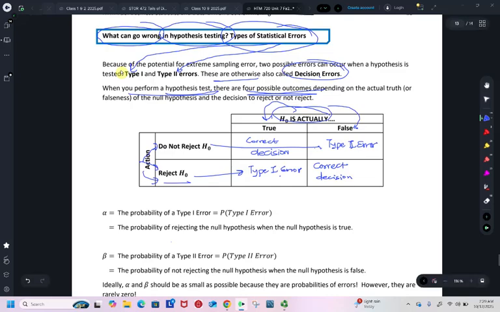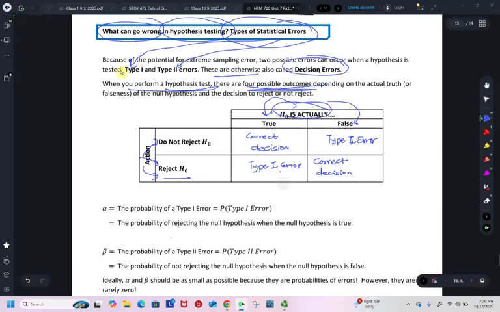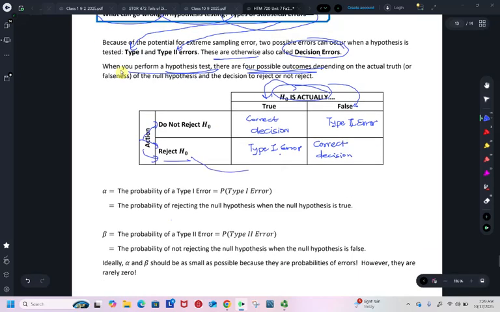Now, you see, based on this, the possibility that I can have type 1 error, if we were to quantify it, that probability of making type 1 error is what we have been calling the level of significance of the hypothesis test.